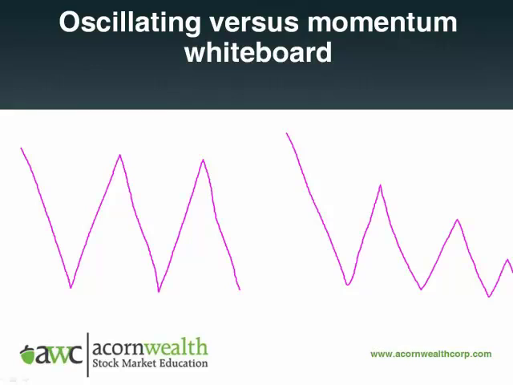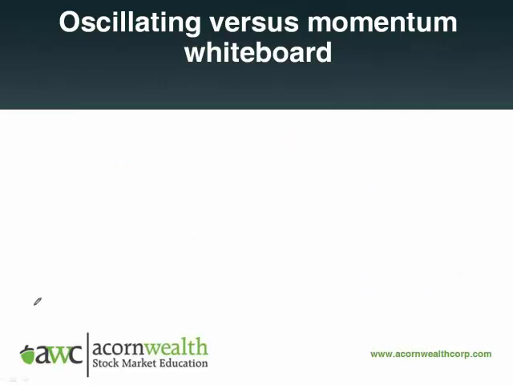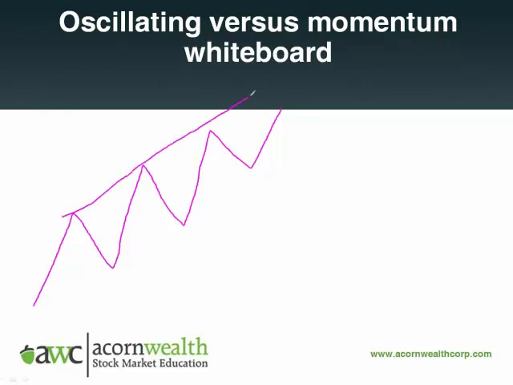Okay, but just erase those for you. You get channels. But essentially, oscillating is where a stock bounces back and forth between two fixed lines. Those lines could be horizontal, diagonal, a whole mix.